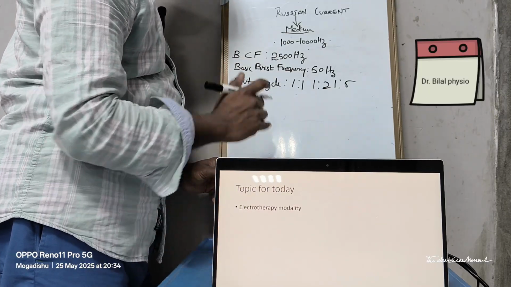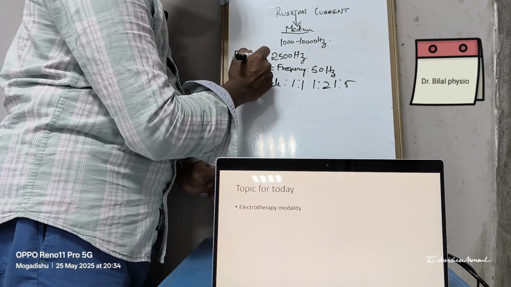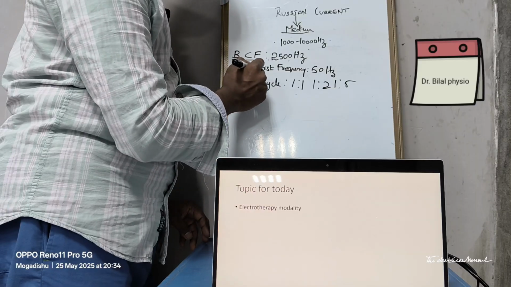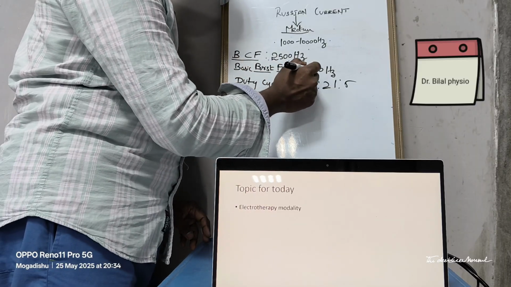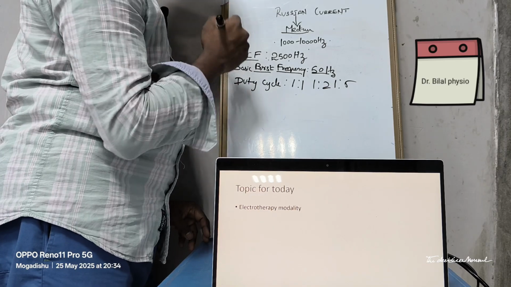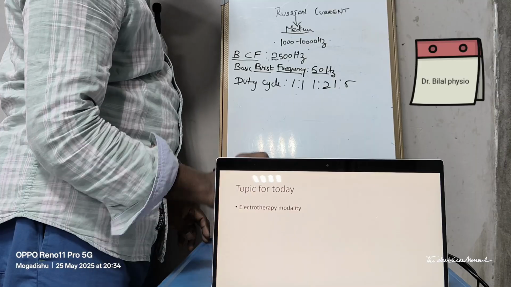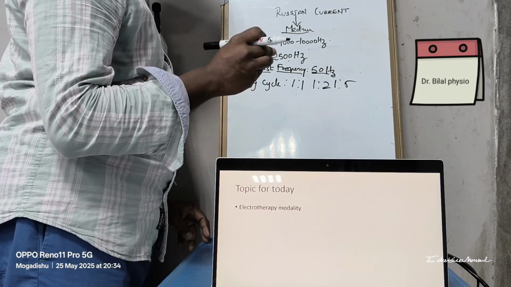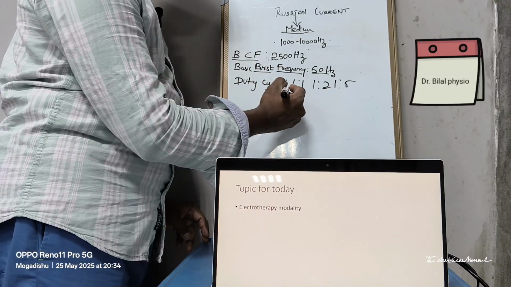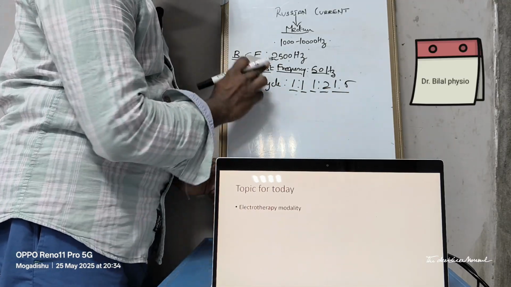When you see the modality equipment, it has a basic carrier frequency of 2500 hertz with a burst frequency of 50 hertz. The duty cycle is nothing but the on and off time of the burst frequency, the time when the current goes to the patient and the time when the current is off. So this ratio will vary depending on the clinical condition.